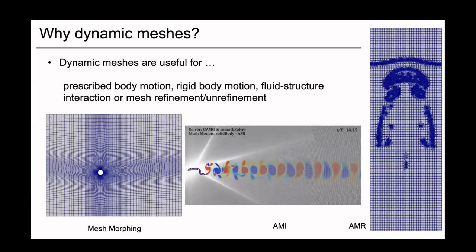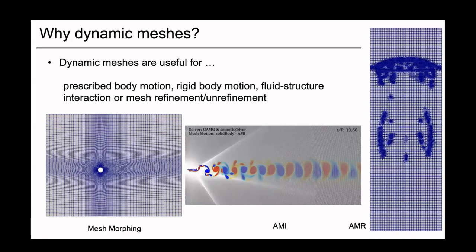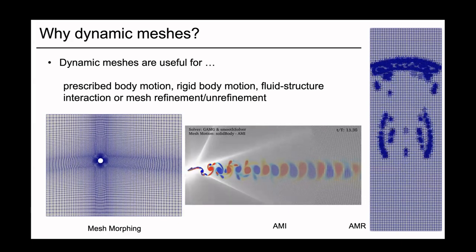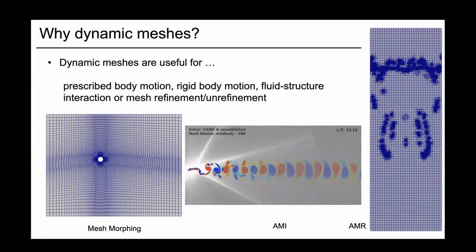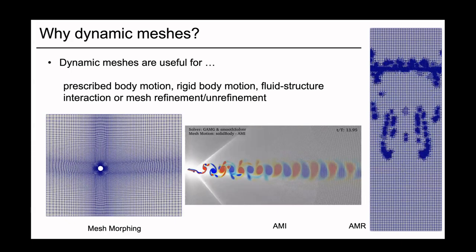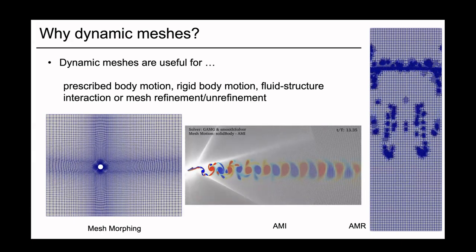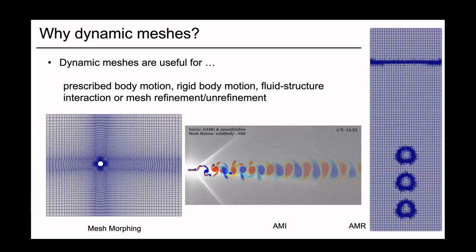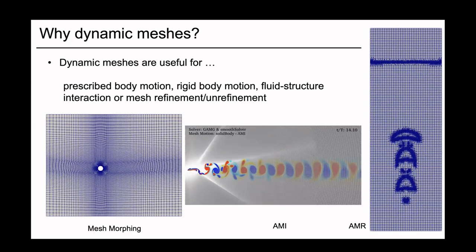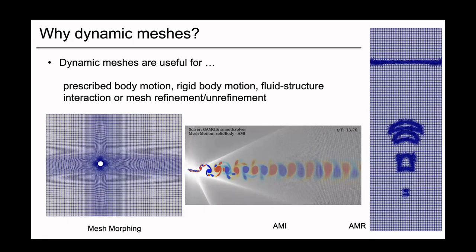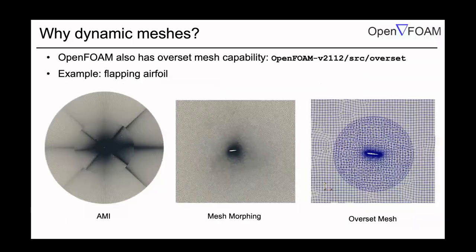In this case, we are either adding new cells or removing old cells to track the interface of the droplet, and this is a liquid-liquid interaction. Is it clear? So these are different mesh motion techniques. What I was telling is we can use them to simulate prescribed body motion, rigid body motion, fluid structure interaction, or mesh refinement or unrefinement.